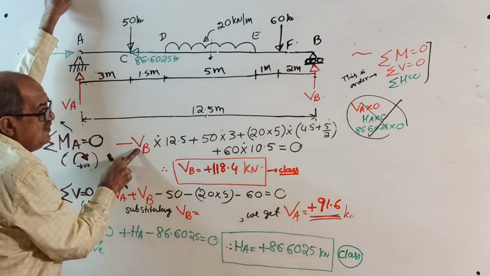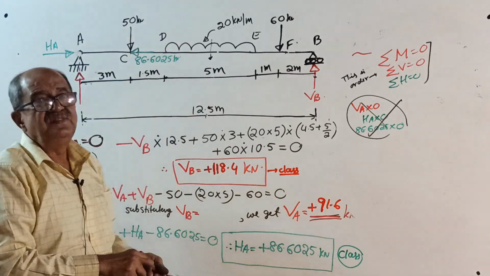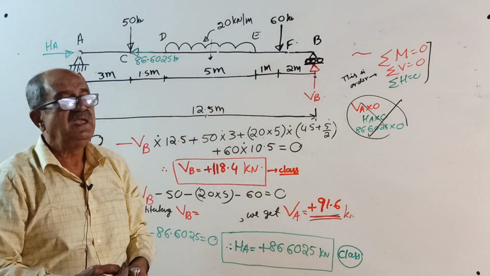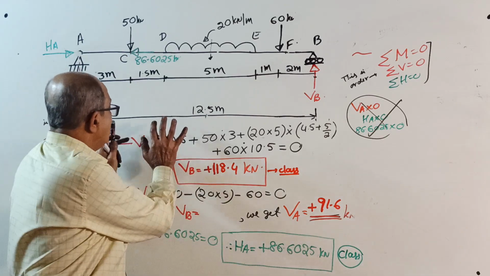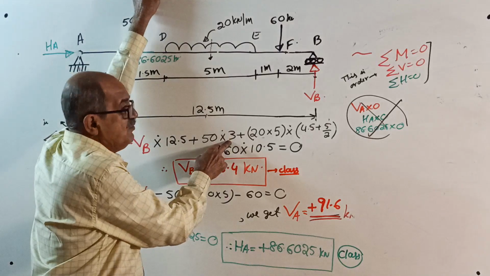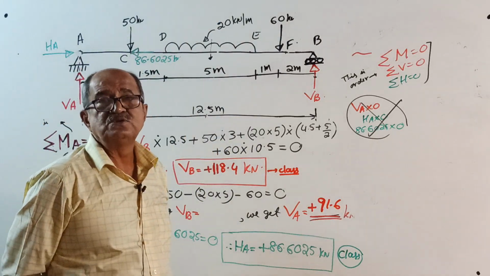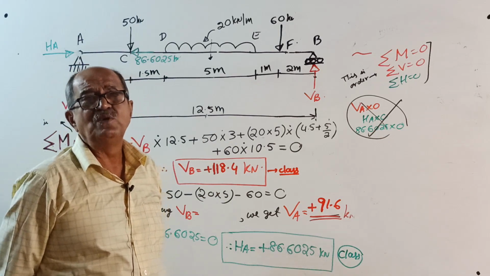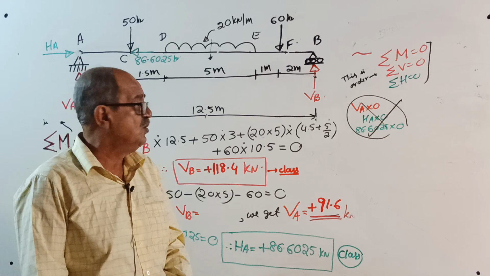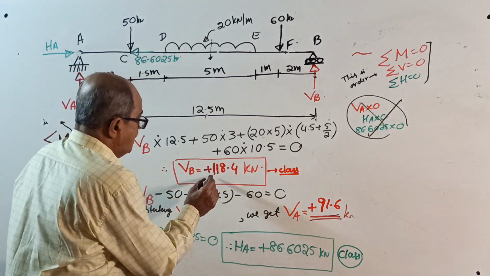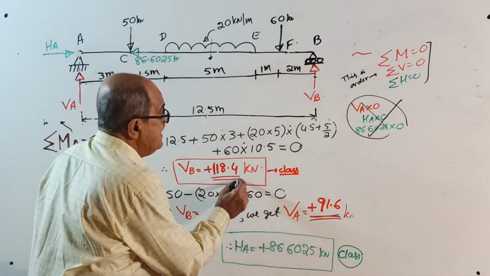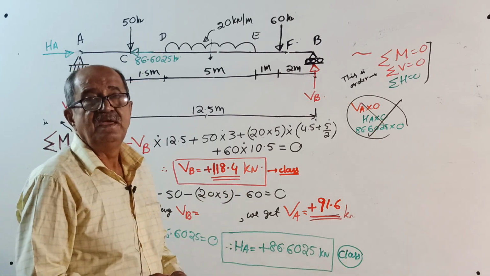See, minus VB is there. Take the other side. Some people will take this to the other side, calculate all these, then write 12.5 VB equal to so and so, so VB equal to something by 12.5. You will get VB equal to plus 118.4 kilonewton.